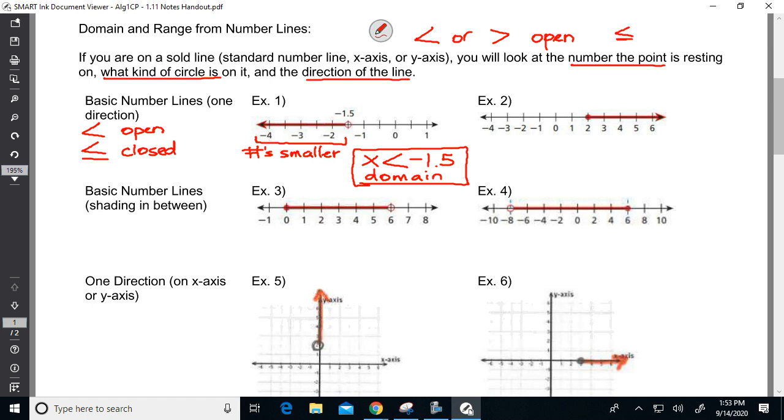If you have less than or equal to, that means it's either less than that number or it's equal to that number. When that situation happens, you would have a closed circle. A closed circle means you have the number and you can use that. Same thing for greater than or equal to.